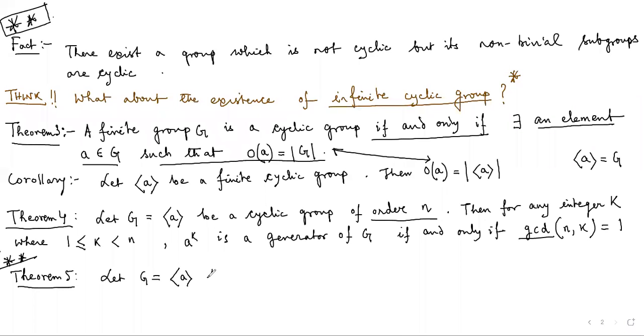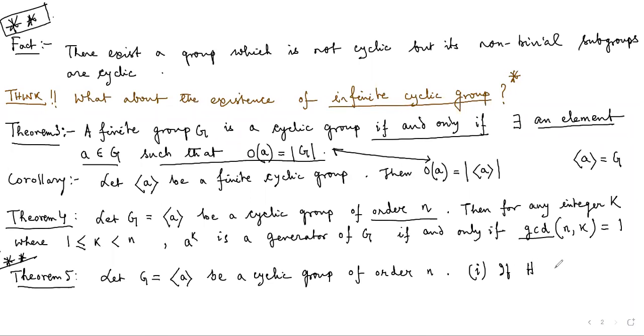Let G equal to generator A be a cyclic group of order n. This theorem has two parts.